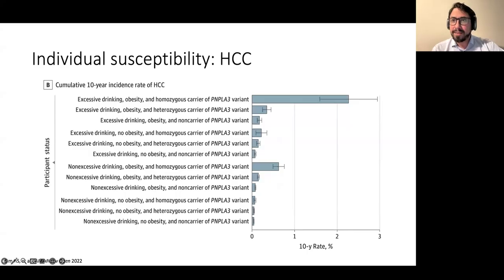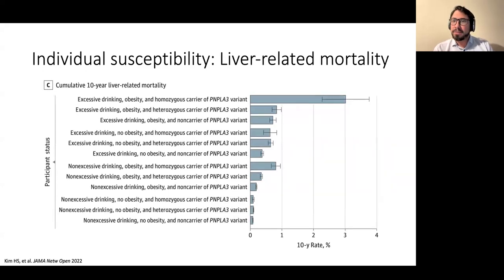If we focus on other outcomes like hepatocellular carcinoma, we can see the same phenomenon, and the same for liver-related mortality. So your genetic background seems a relevant factor that modulates your risk of progression over time in the overall steatotic liver disease population.